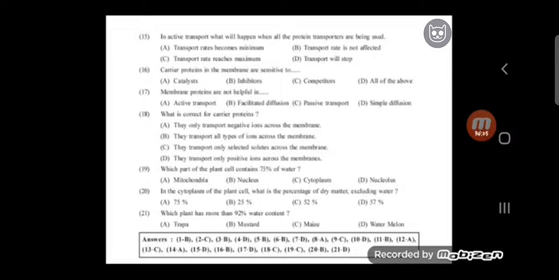So next, question number 18. What is incorrect for carrier proteins? Option A, they only transport negative ions across the membrane. Option B, they transport all types of ions across the membrane. Option C, they transport only selected solutes across the membrane. Option D, they transport only positive ions across the membrane. Which one is the correct answer?